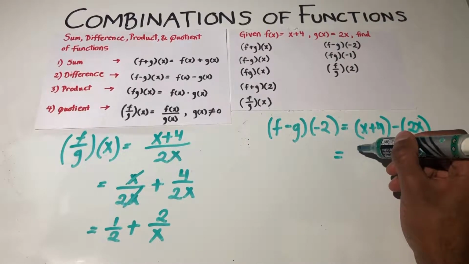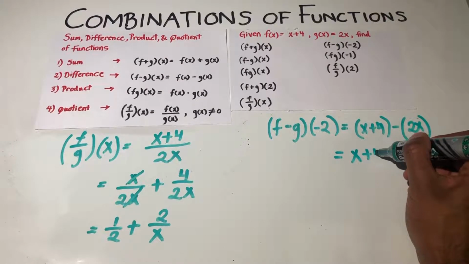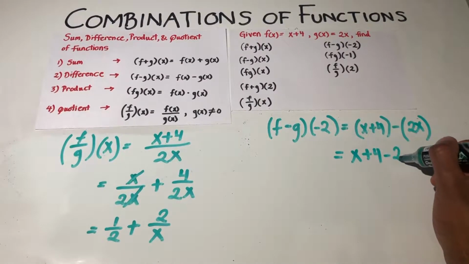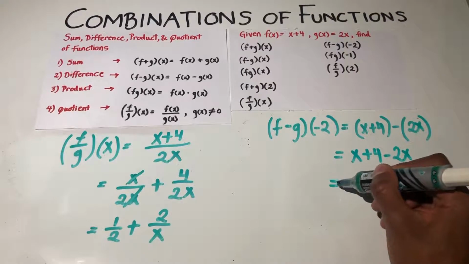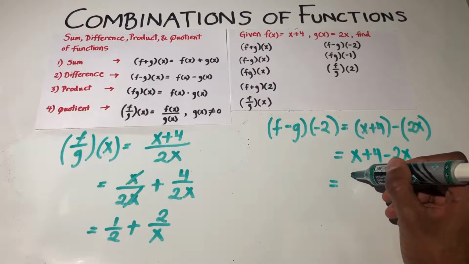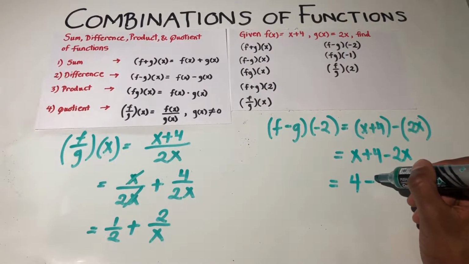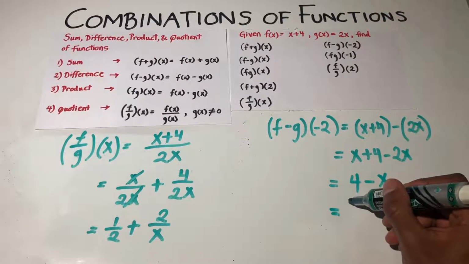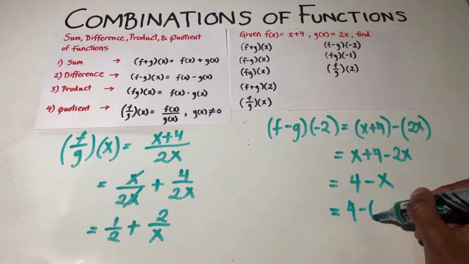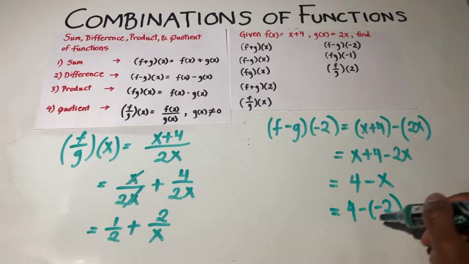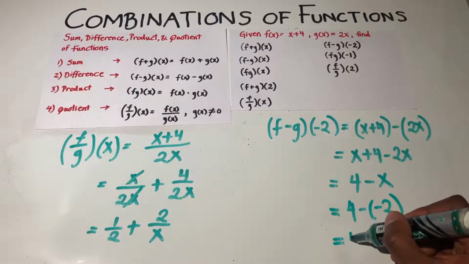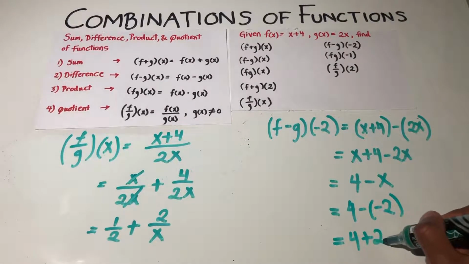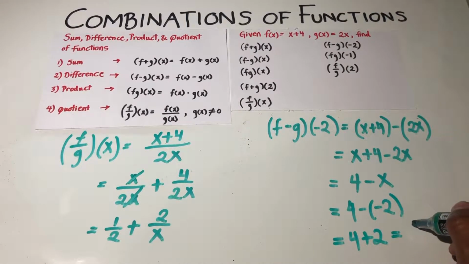If we break down the parentheses, we're going to get x plus 4 minus 2x. That's simply 4 minus x. And then if you replace x with -2 in there, we're going to get 4 minus -2. That's simply 4 plus 2, which is just 6.